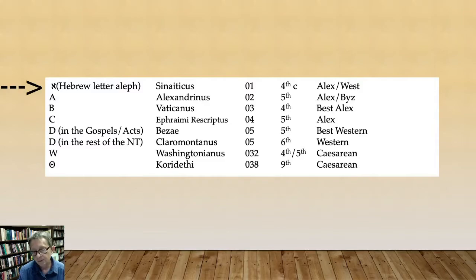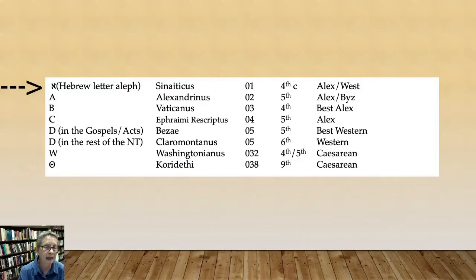Now, the reason for this confusing naming situation is that scholars didn't realize how many majuscule manuscripts would be found over time. The earliest discovered ones received names that honored the place where they were found. Sinaiticus was found on Mount Sinai. Or perhaps the Holding Library. And I think, have we got a Holding?